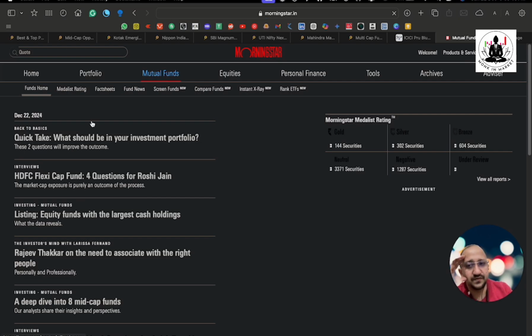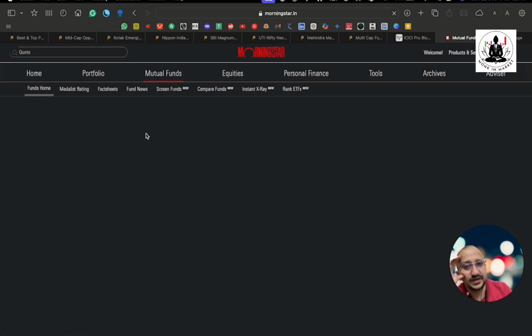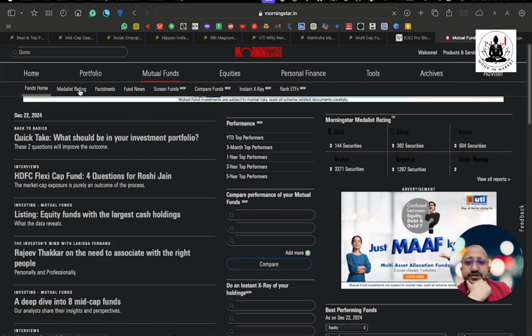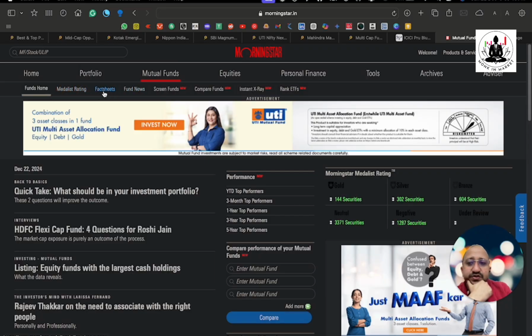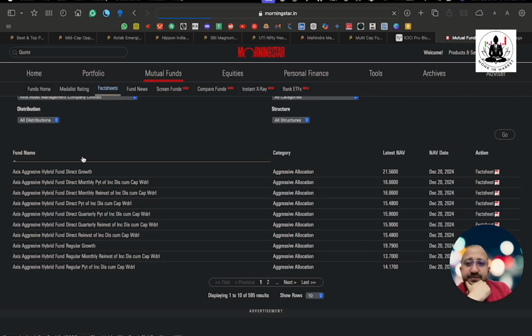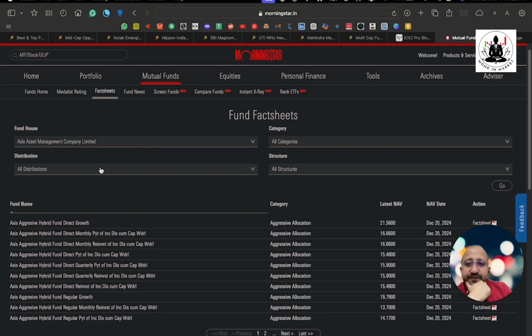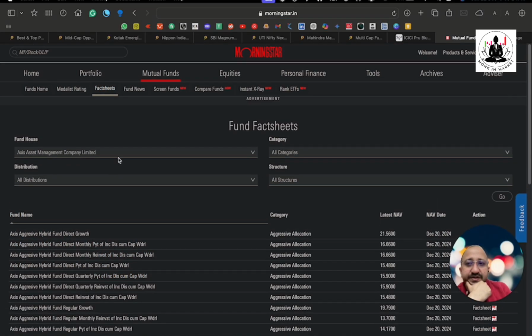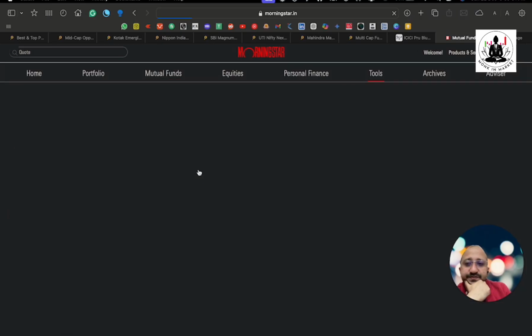If you click on the mutual fund side, you can get quite good data on mutual funds. Fact sheets are there. You can find the fact sheets over here itself. So if I click on the fact sheets, let's see. You can find the direct fact sheets over here itself. Apart from this, if you want to screen the funds, you can screen the funds from here itself.